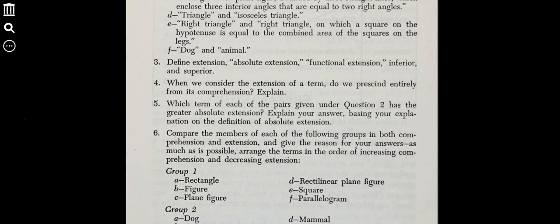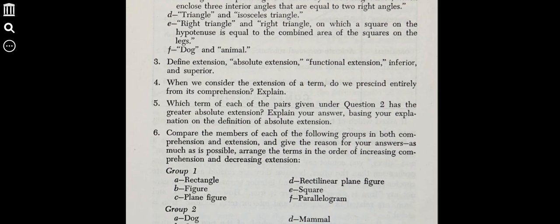Or consider number 6, compare the members of each of the following groups in both comprehension and extension. So let's just think about which has the largest extension, the smallest extension. If you consider, for example, rectangle, figure, and plane figure, well, figure definitely has the smallest comprehension and the largest extension. But then consider plane figure.